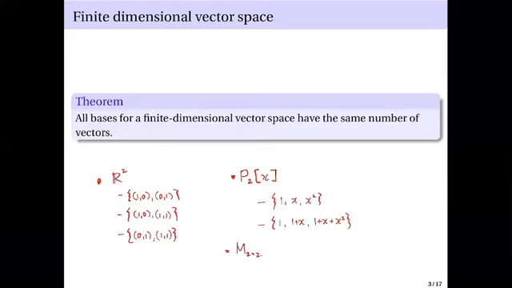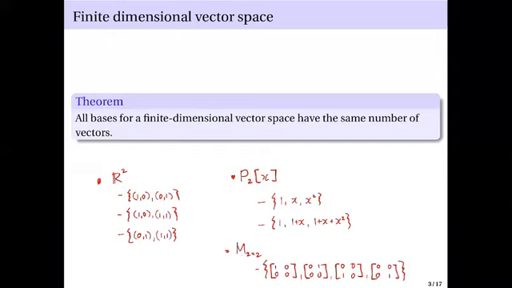A standard basis for this, you have your (1, 0; 0, 0), here you have (0, 1; 0, 0), and then you have (0, 0; 1, 0), and then you have (0, 0; 0, 1). This is the standard basis for this space.